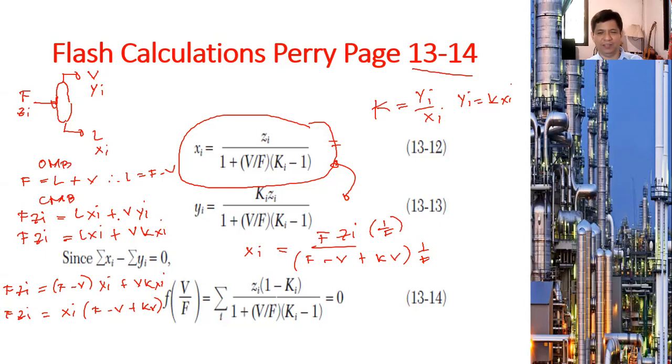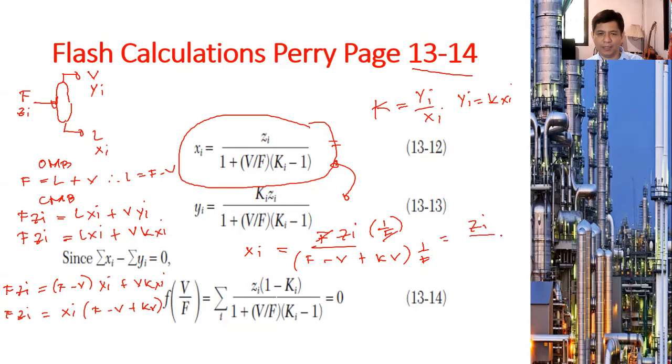Yun yung key. So pag minultiply nyo ito ng 1 over F, this will cancel out, mawawala to. Z sub I na lang yung numerator. Tapos to pag minultiply nyo, you will have 1, tapos negative B over F, tapos plus K. Yung ganyan na yan.